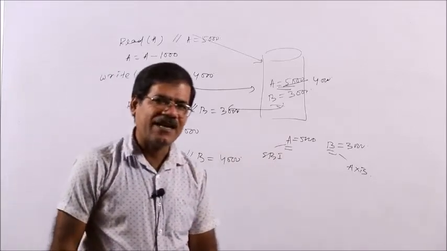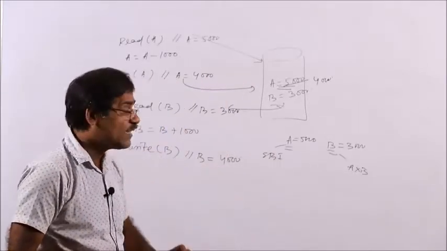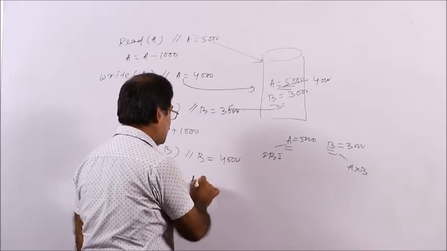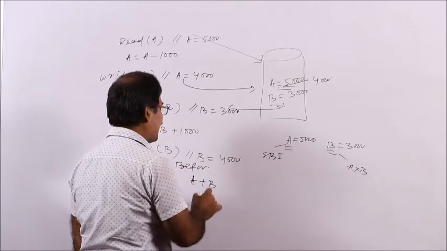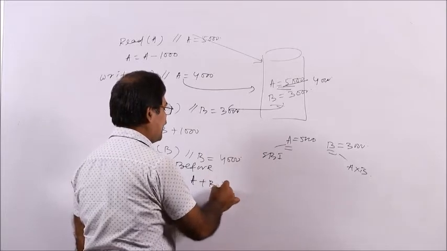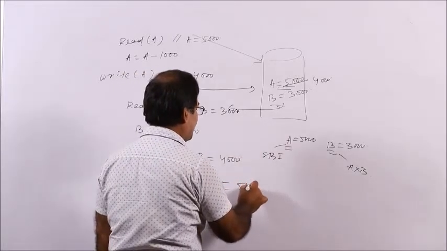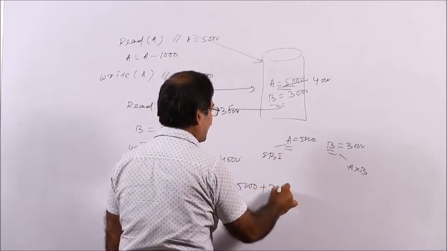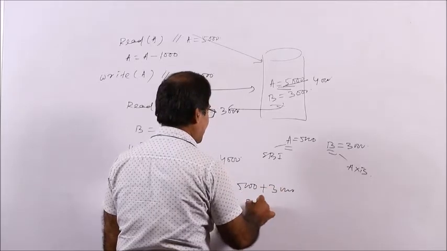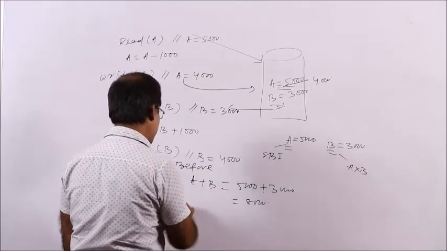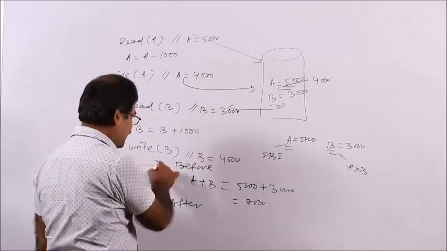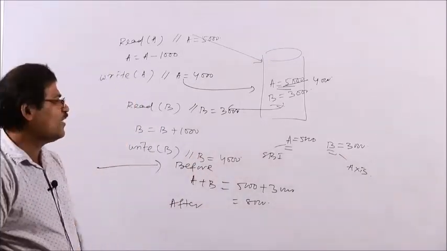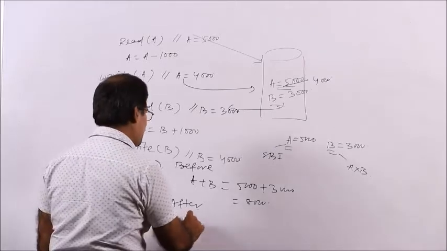So before the start of the transaction, what is the sum of A plus B? Before the start of the transaction, the sum of A and B is equal to 5000 plus 3000. So that is 8000. After the transaction, when it is over, what is the sum of A and B?